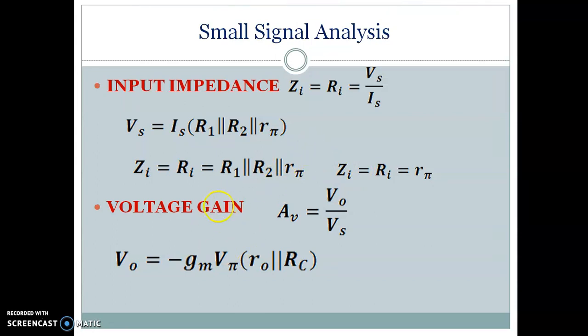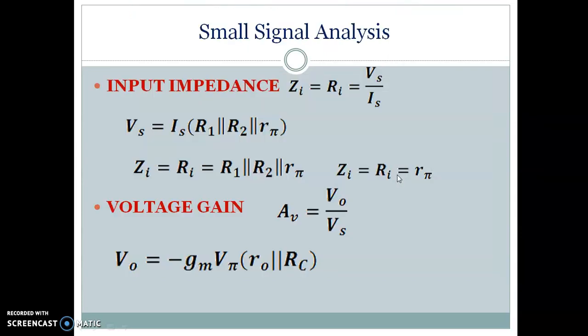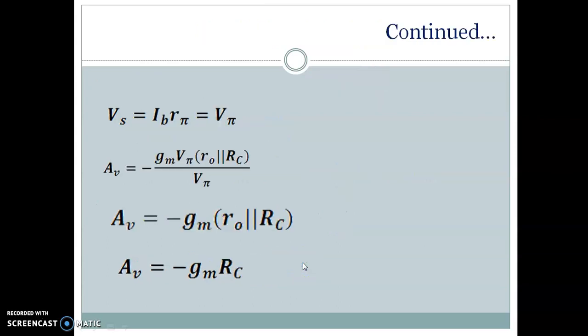And voltage gain, if you write, AV is equal to V0 by Vs. V0 is nothing but minus I0 RC, or it is minus gm V_pi, the current through that RC, which is r0 parallel RC.